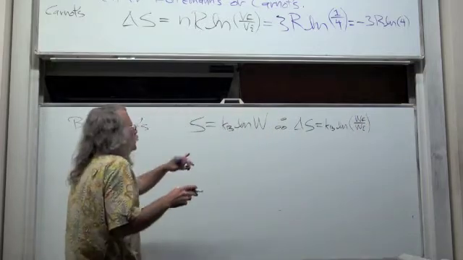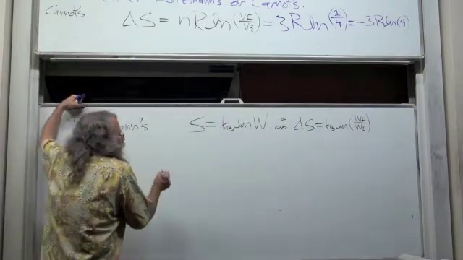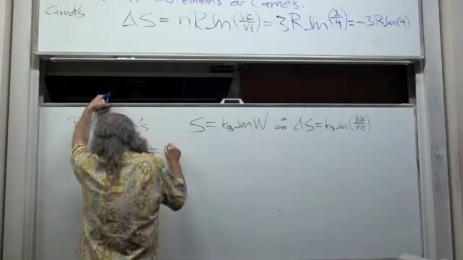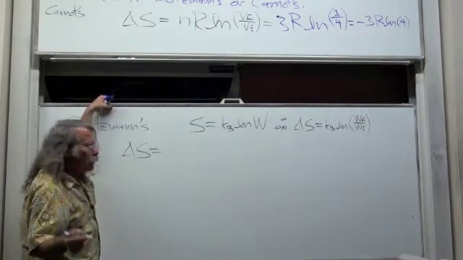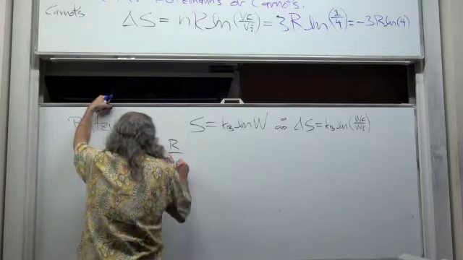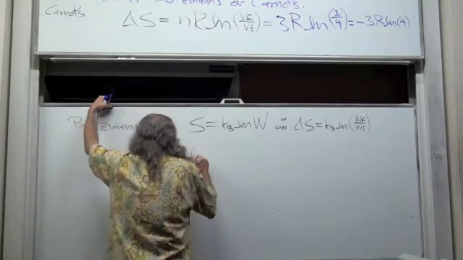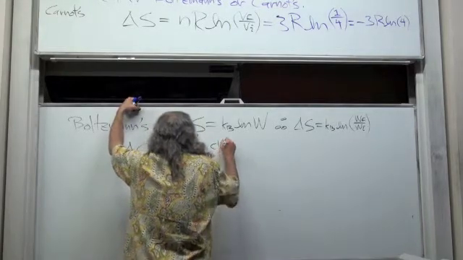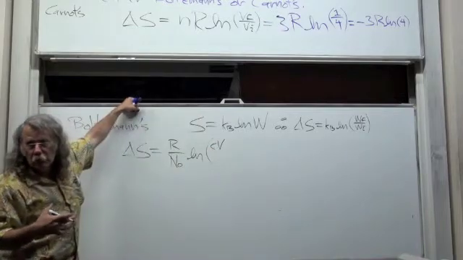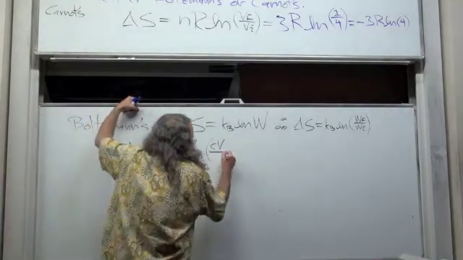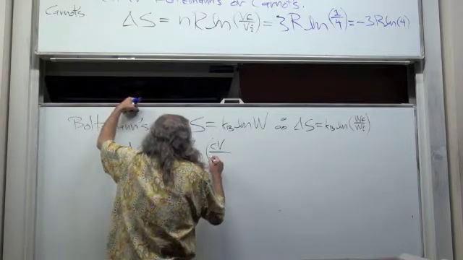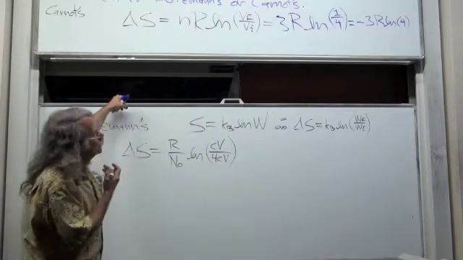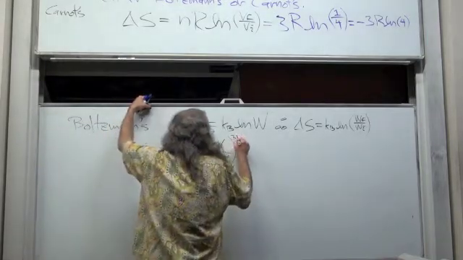And then we're going to go through and write that delta S is equal to K_B, which turns out to be, what is K_B again? R over N naught, where N naught is Avogadro's number, times the natural log, and the final system is CV, C being some sort of constant proportional to the volume, over 4 CV, and it is how many moles? 3. So it's 3 N naught.